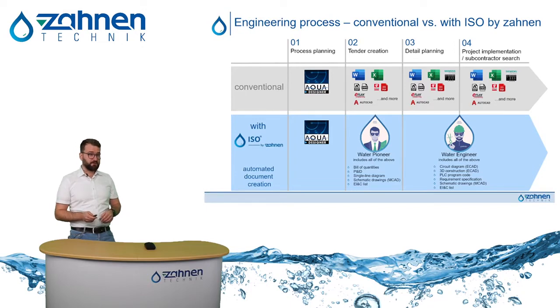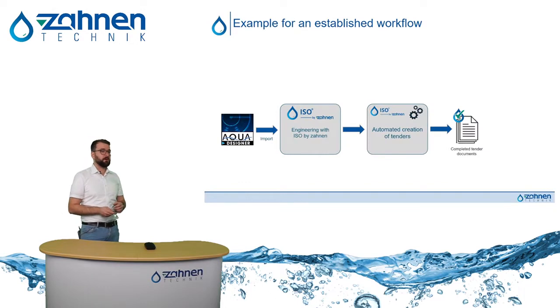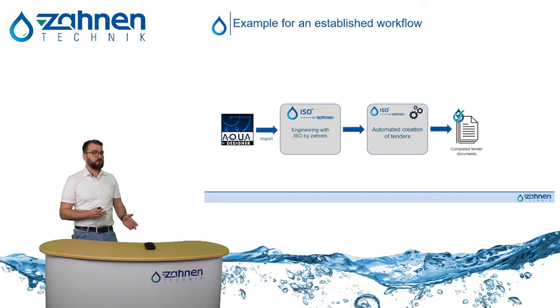So to show you an example of the established workflow, as I just said, you will have your Aqua Designer for process planning. This information is imported through an interface into ISO, and in ISO you will do your engineering, and based on that, automatically the tender documents that are required are generated.